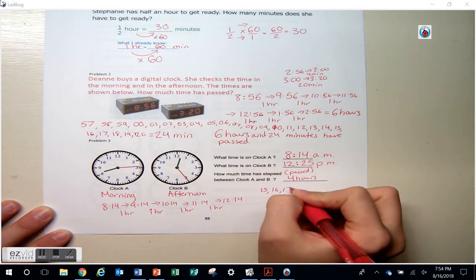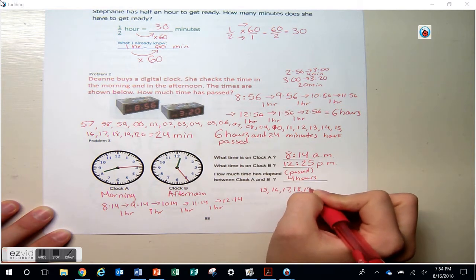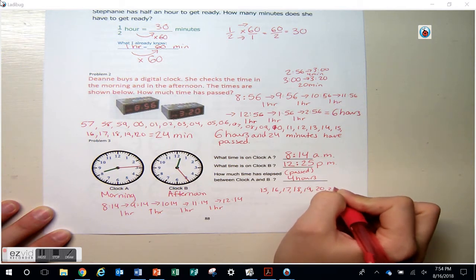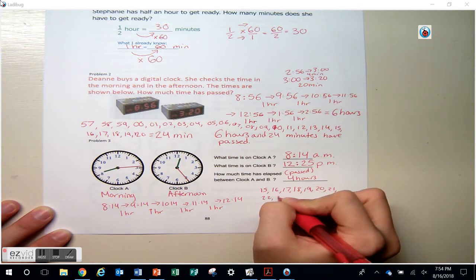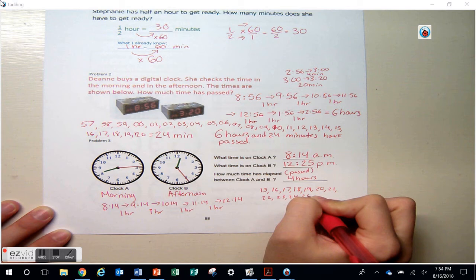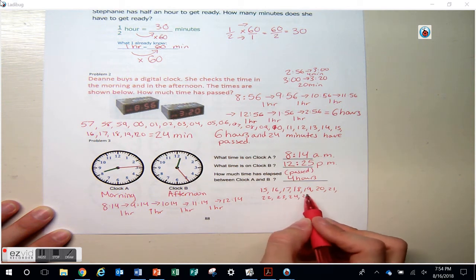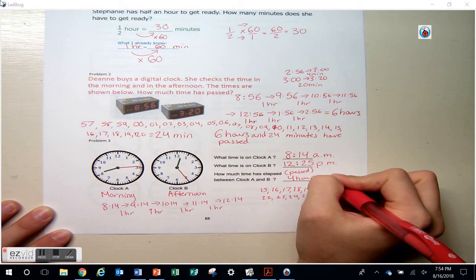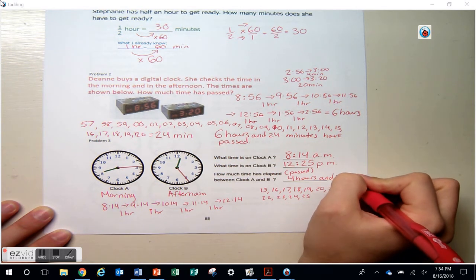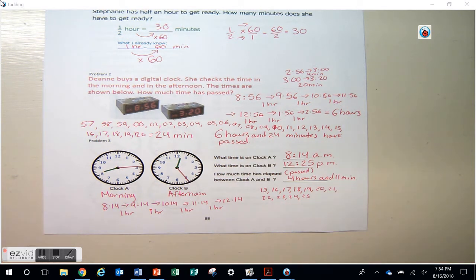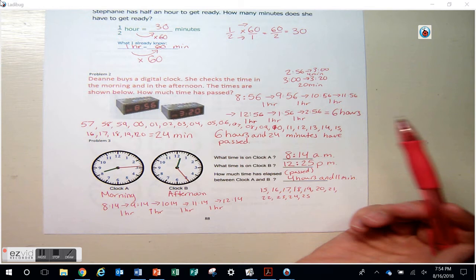And then I'm going to go from 14 to 25. 15, 16, 17, 18, 19, 20, 21, 22, 23, 24, 25. 1, 2, 3, 4, 5, 6, 7, 8, 9, 10, 11. And 11 minutes.